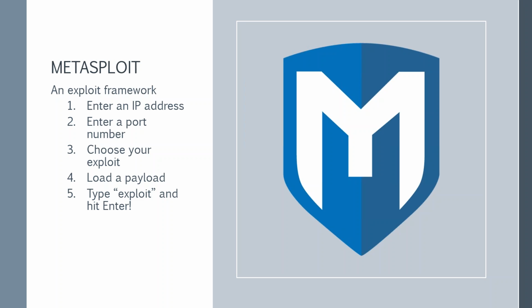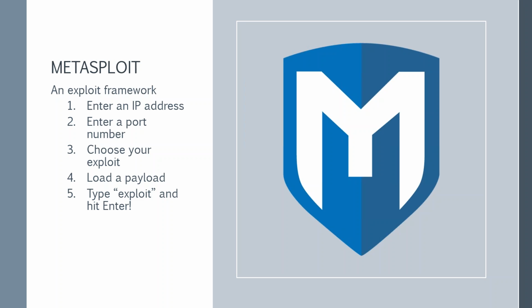I load a payload in. What's the payload? It is whatever I want to do that's evil on that machine, whether it is to run a program or to open up a reverse shell back to me so I can type commands into that machine, or whatever it is. That is my payload.